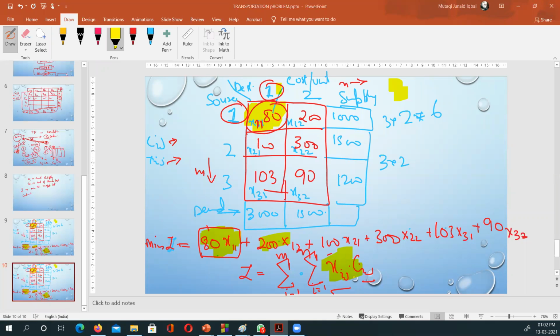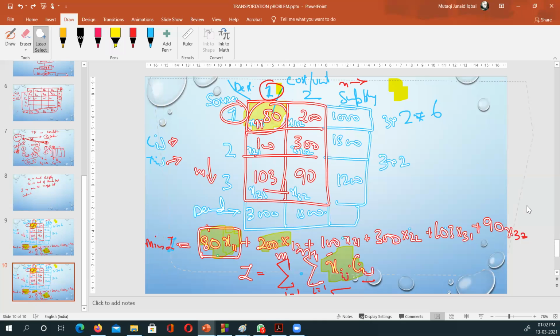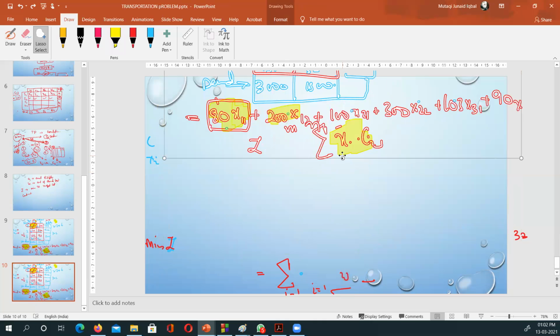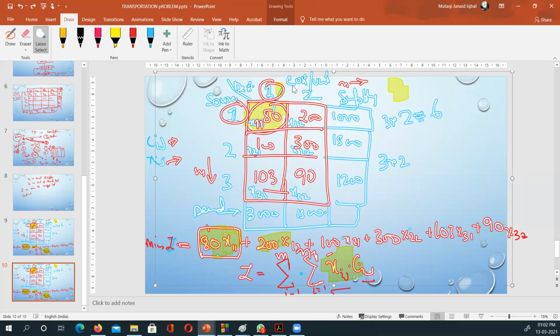So now let us go for the constraints. How many constraints will I have here? Let me lasso select it. Okay, make it a little smaller. It's not getting selected properly.